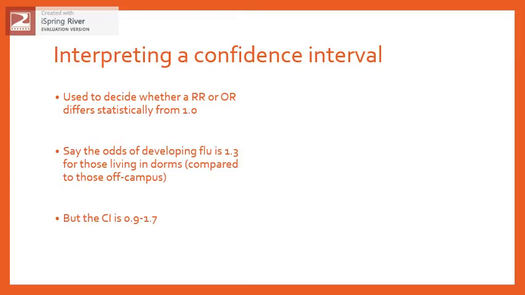So let's say the odds of developing the flu is 1.3 for those living in dorms compared to those off campus. The confidence interval is 0.9 to 1.7. This means that if you repeated the study 100 times using the same number of participants, 95 of those times you would get an odds somewhere between 0.9 and 1.7.